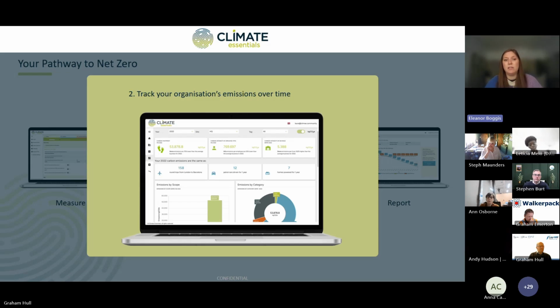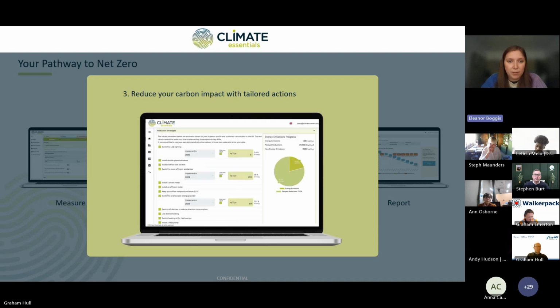You're going to be able to see your footprint as a whole, but also broken down into the different scopes. On this platform as well, you're going to be able to pull 2 reports, which will be very useful in your ISO submissions. You're going to have a summary report and then a much longer report, which breaks your emissions down into all those different scopes of emissions. So that's a really important aspect of the platform.